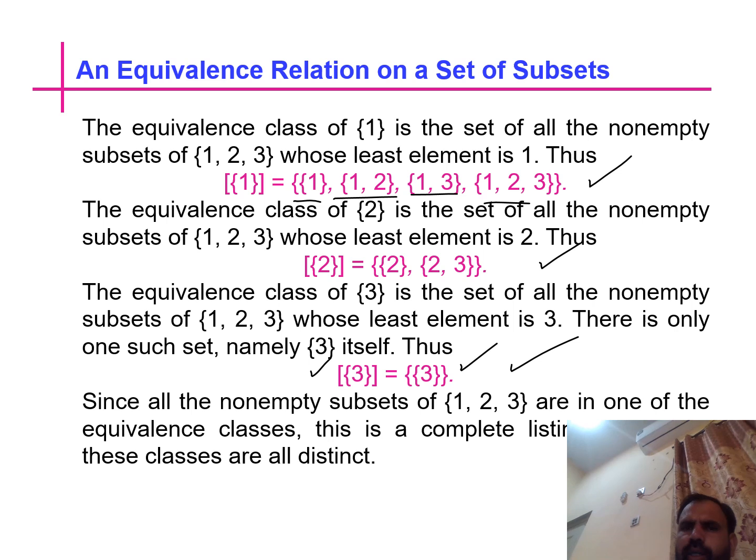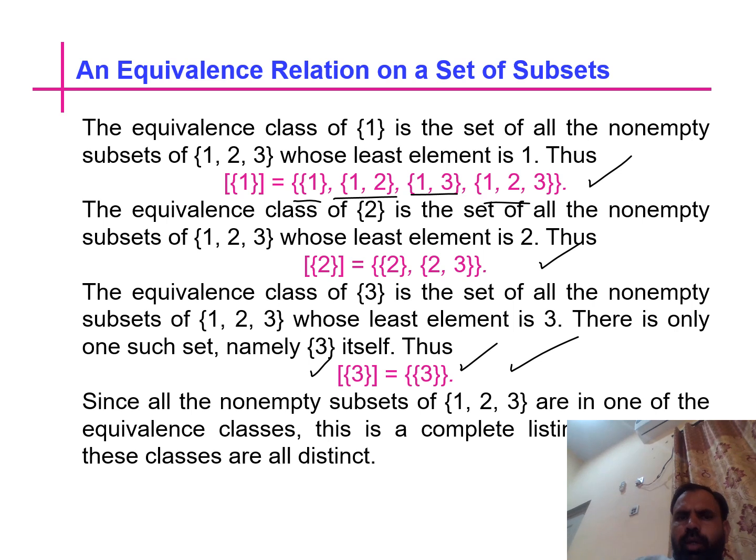The equivalence class of 1 is the set of all non-empty subsets of {1, 2, 3} whose least element is 1, so you can say that it is {1}, {1, 2}, {1, 3}, {1, 2, 3}. The equivalence class of 2 is the set of all non-empty subsets of {1, 2, 3} whose least element is 2.